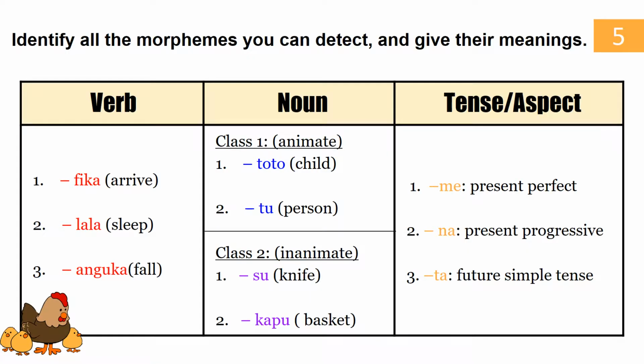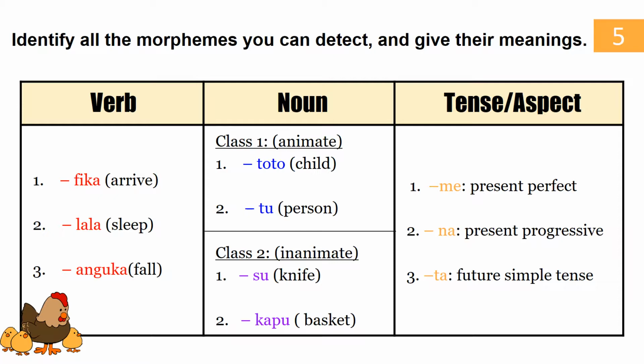After further analysis, we were able to identify the following morphemes. For verbs, we have fika for arrive, lala for sleep, and anguka for fall. For nouns, we have toto for child, tu for person, su for knife, and kapu for basket.